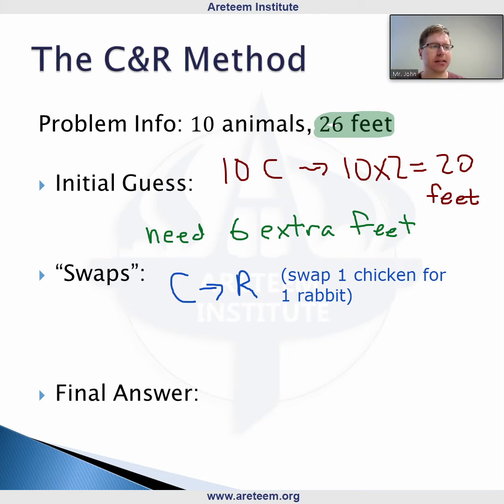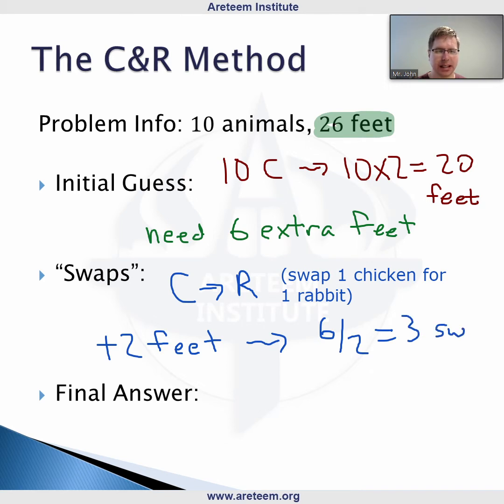Well, this is going to give us plus 2 feet. A rabbit has 4 feet, a chicken has 2 feet. So if we turn a chicken into a rabbit, we get 2 extra feet. Well, how many extra feet do we need? We need 6 extra feet. So 6 divided by 2 is 3 swaps in this case.